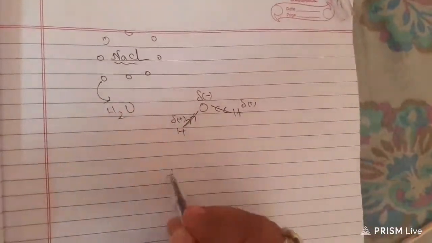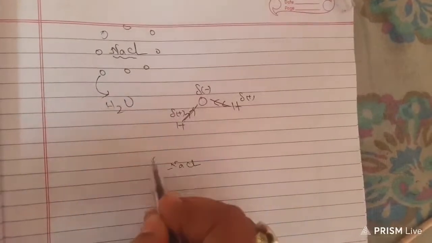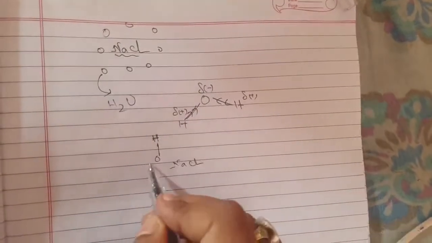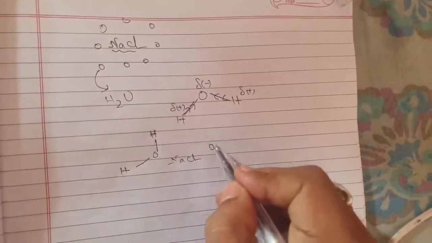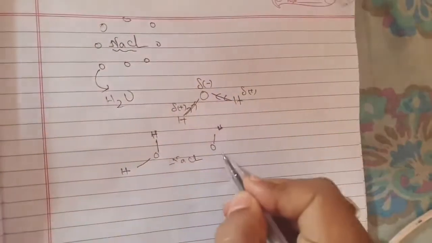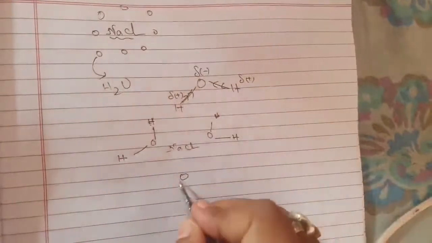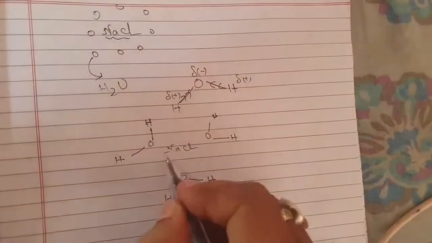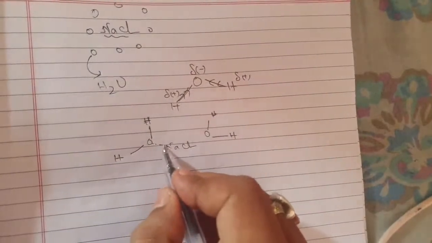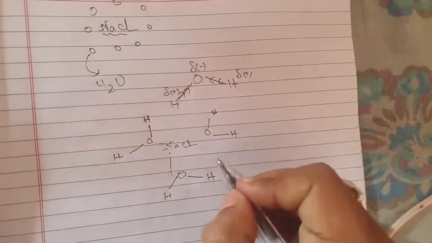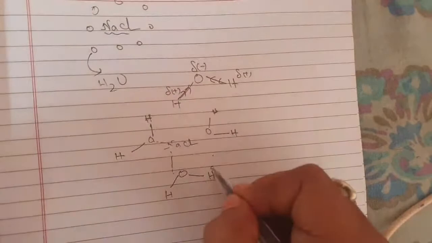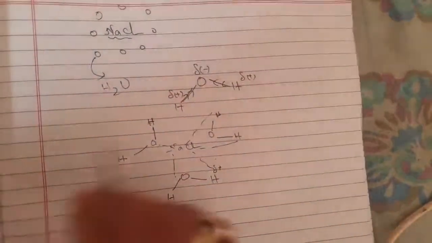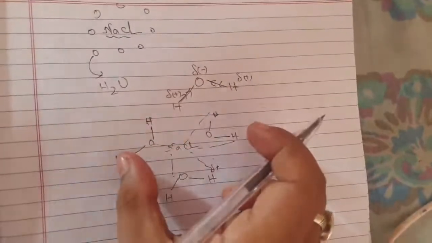Now if NaCl is surrounded by water molecules, OH, OH, OH, OH, so now what will happen? The negative charges will start pulling the sodium, and the delta positive charges will start pulling the Cl, and hence they will separate.